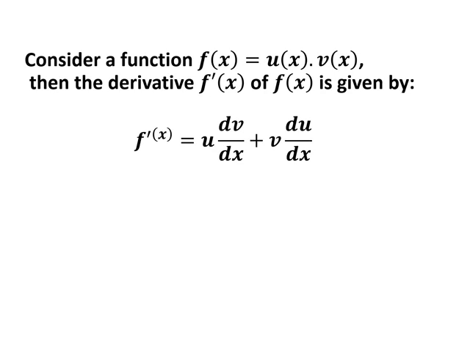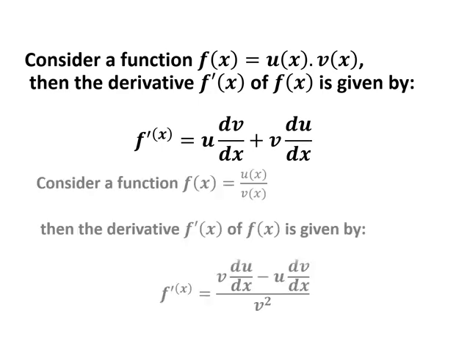Then the derivative of such a function will be f prime of x given by the function u multiplied by the derivative of v plus the function v multiplied by the derivative of the function u. That is what we call the product rule.